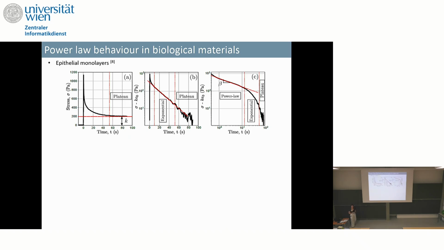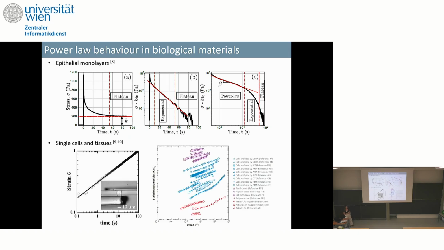Is this just a problem that we have, something we need to take care of because no one else has it? Well, actually not. These power law behaviors are quite widespread in biological materials. Mostly all cells do show it, at least all the ones I've seen so far. Here is a review from Ben Fabry's group, where they've plotted several cell types and several tissues, and they all show power law behaviors.